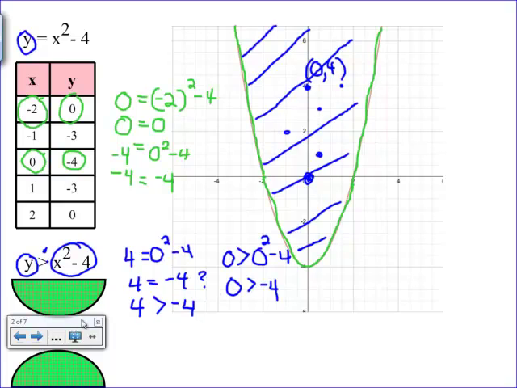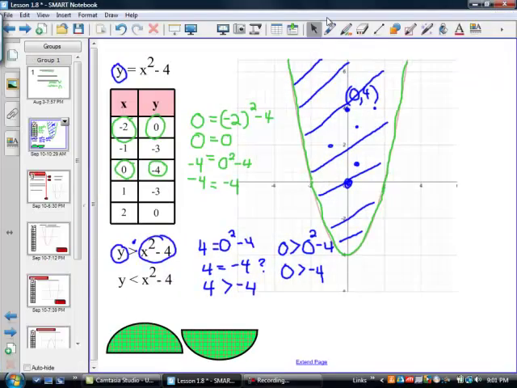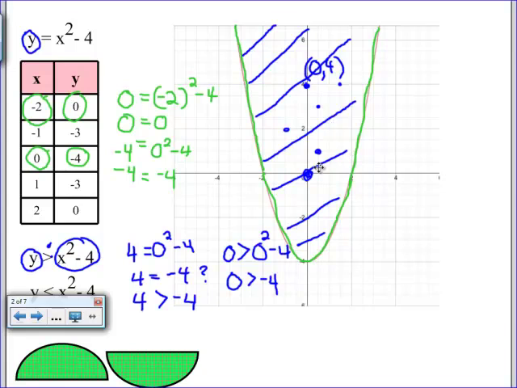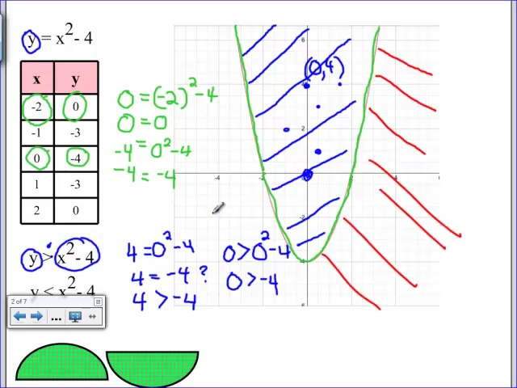So obviously, what's left here is less than. Let's pick red for less than. And where is less than? Less than is everything below the parabola, all these points right here.